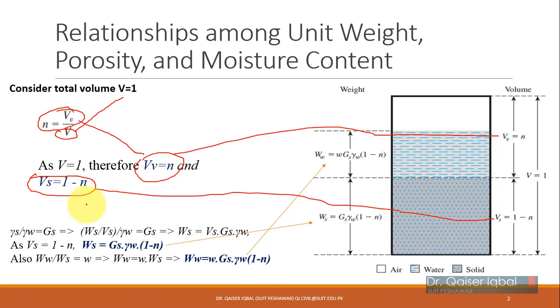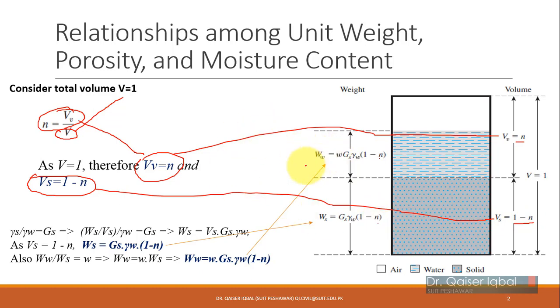Now coming to the other side, how to determine the weight of soil solids and weight of water. Because we are determining the relationship with porosity, we are converting everything into porosity here, and the same applies over here as well.